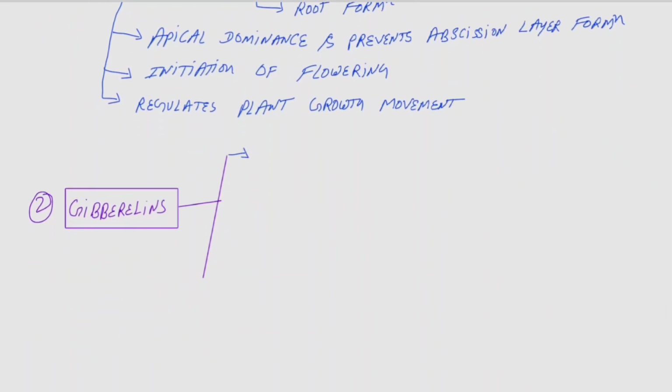Gibberellins were first observed in history in a disease of rice in Japan. That means a type of gibberellin causes disease in rice.